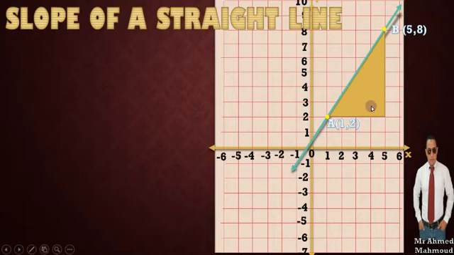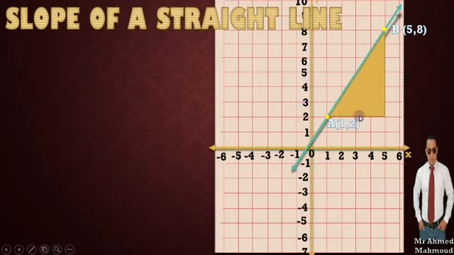This right angle triangle is formed from 3 sides: this side, which is the base, this side, which is the height, and this side, which is the hypotenuse. The hypotenuse is in the same direction as the straight line AB. The base is parallel to the x-axis and the height is parallel to the y-axis.